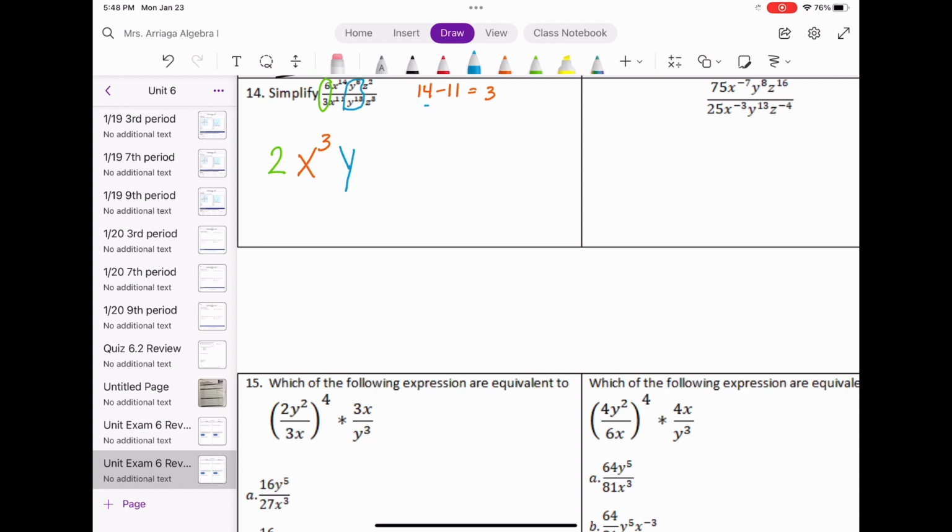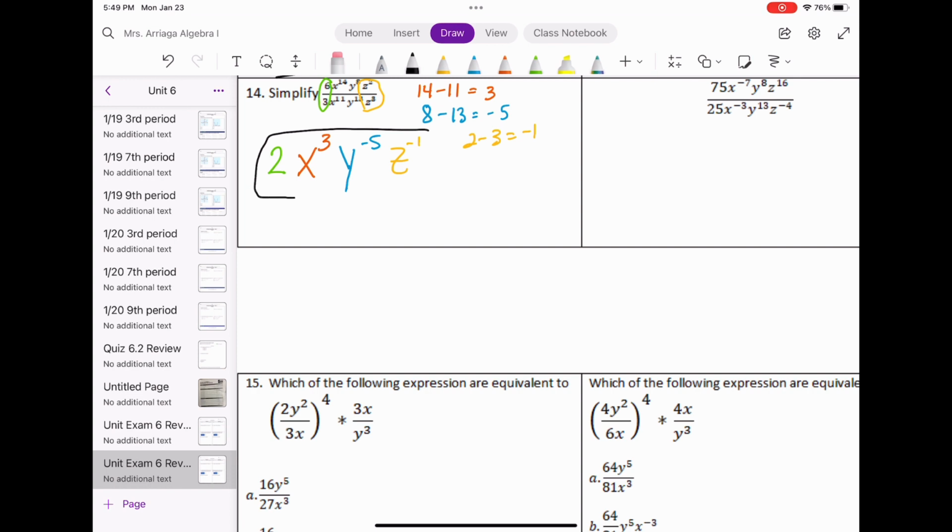So top minus bottom, and that gives us negative 5. So we write y to the negative 5. We apply the same rule to z. So we keep the z and we subtract 2 minus 3, which gives us negative 1. And so we write z to the negative 1.